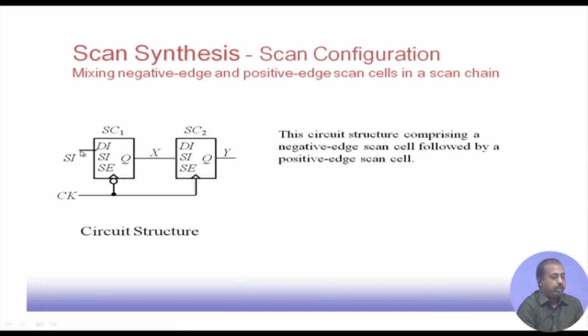When the SI value is given and the positive edge comes, the value will be loaded here, and on the negative edge that value will be loaded here, but this flip flop will still continue with the previous value. So, for some point of time both the flip flops will have the same value. Whatever value you put onto this SI line will get loaded onto both the flip flops.